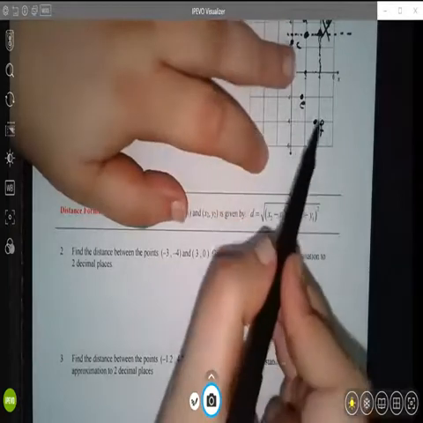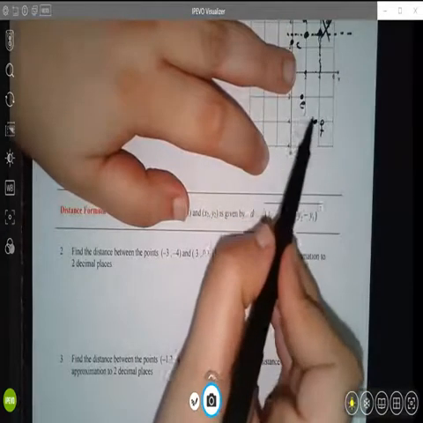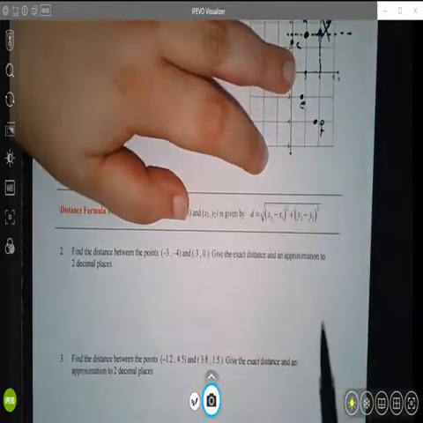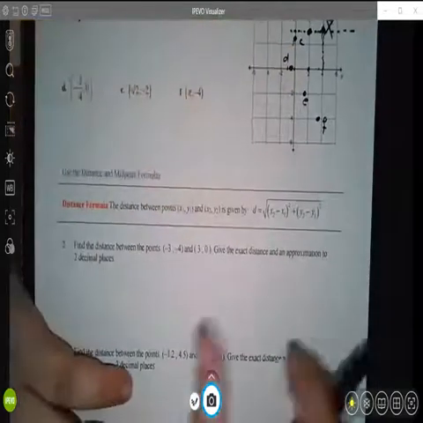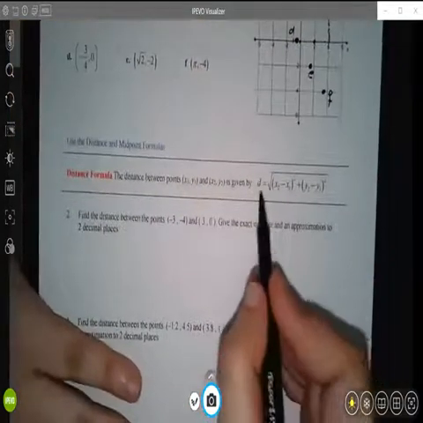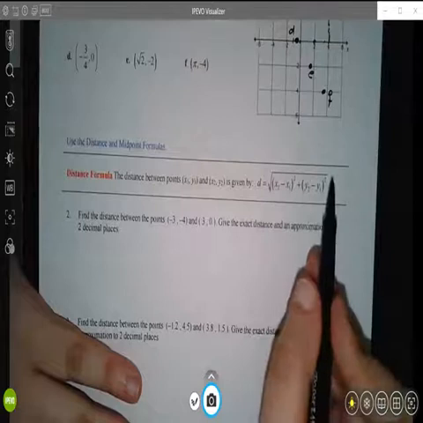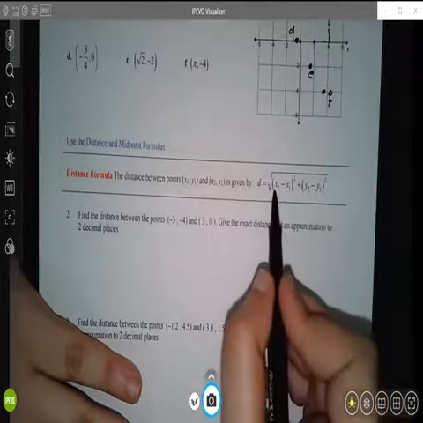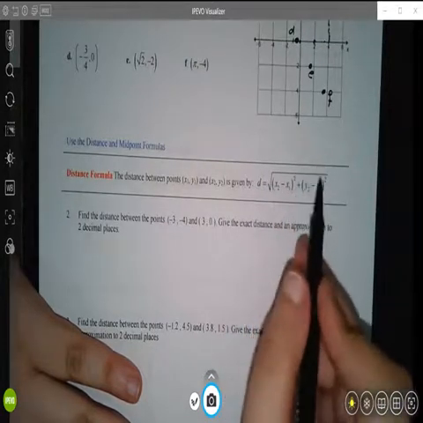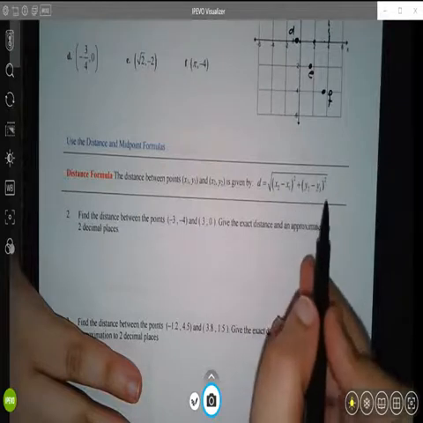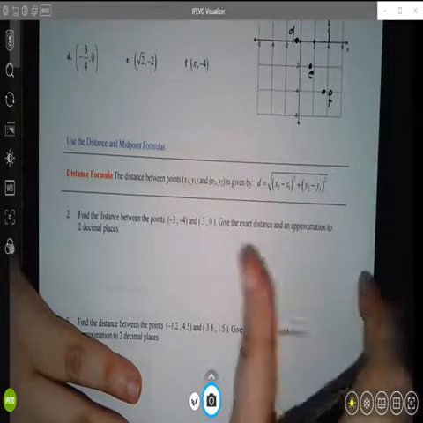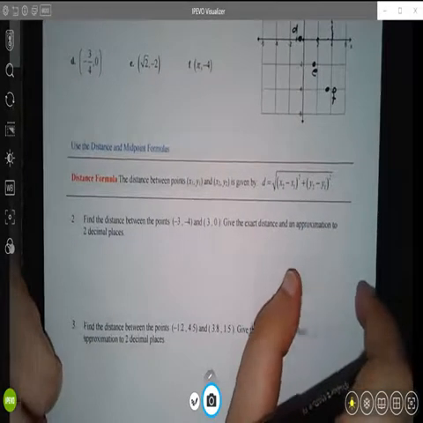Make sense? I need to know what this space is. What's the measurement for that? Okay? So how do we do it? The distance is the square root of (x2 minus x1) squared plus (y2 minus y1) squared. Now what's y2, y1, x2, x1?